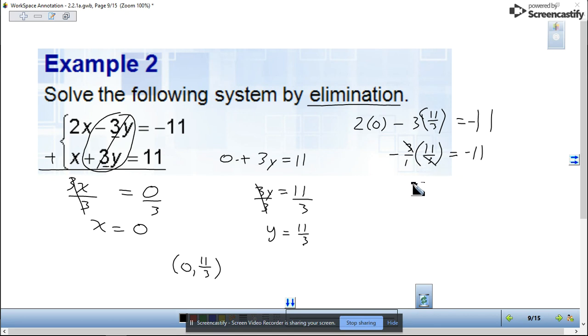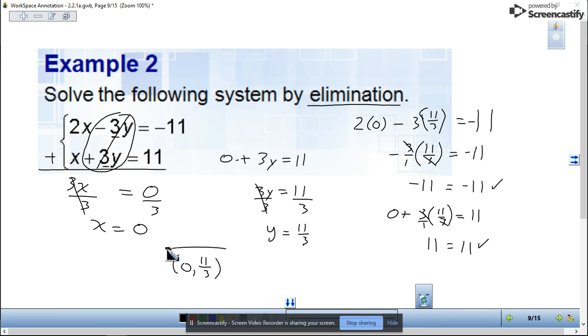Those 3's cancel. I end up with negative 11 equals negative 11. Perfect. Check the second one. 0 plus 3 times 11 over 3 equals 11. Again, 3 over 1, 3's cancel. 0 plus 11 over 1 is 11, and that also checks out. So it works for both, therefore, that is our solution.